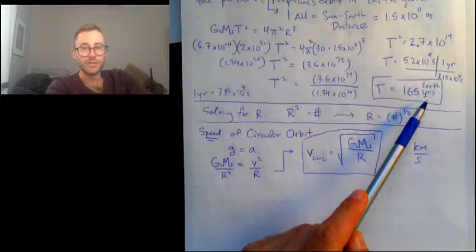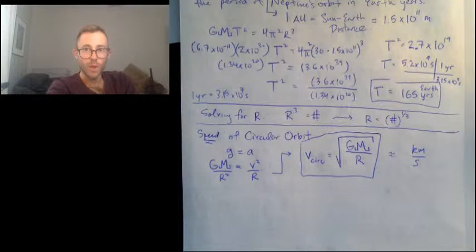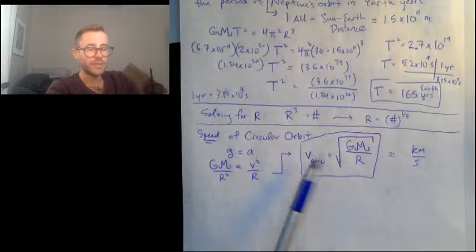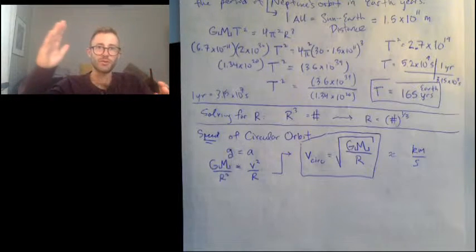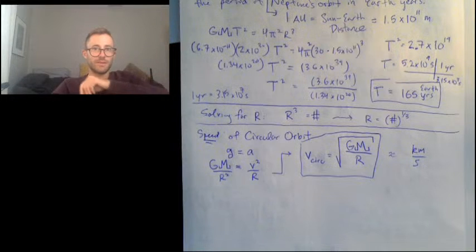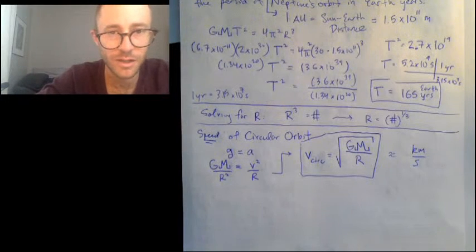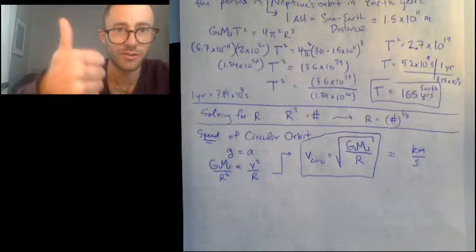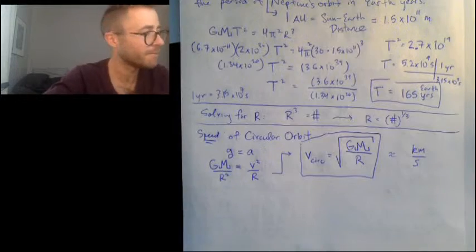Okay? The reason is that Neptune is way farther away. For one, Neptune is way farther away, so its speed is less. And furthermore, because it's way farther away, the size of the circle that it's traveling in is much bigger. Okay? So there are two things that are making Neptune take so much longer to go around the sun. It's because it's going slower and it has further to travel.